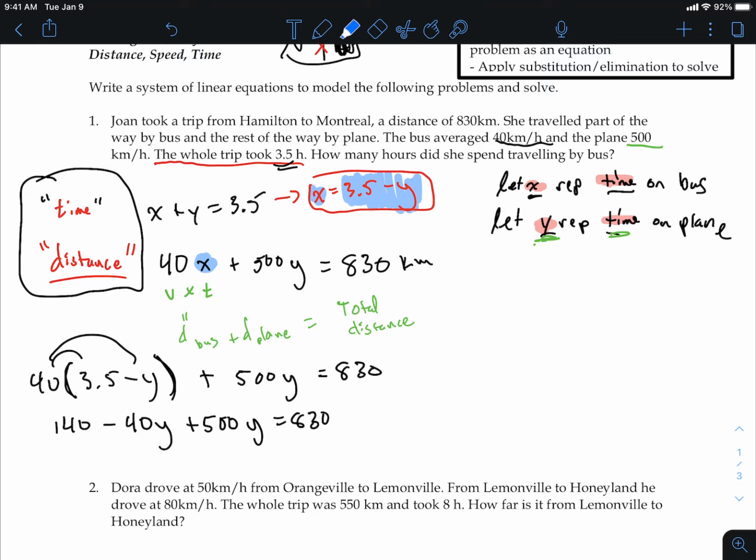I see some like terms here, the y's. I can collect those, and I'm going to take the 140 and move it to the other side. I'm going to subtract. Don't add, because then you get the wrong answer. So you get negative 40 plus 500, 460y is equal to 830 minus 140.